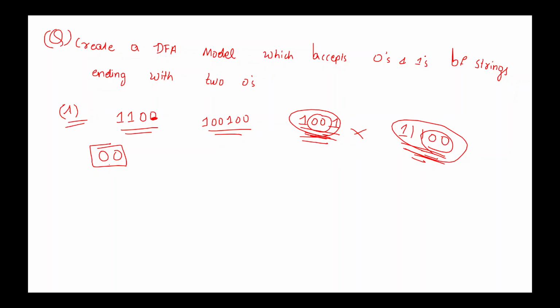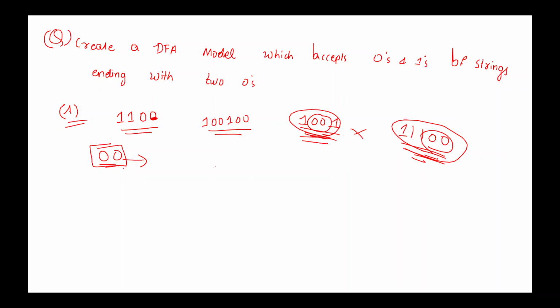Of course, because this is the base condition. We need a string which ends with two zeros. So take the lowest condition possible, and that is this. With this base condition, we are going to develop a mathematical model, that is our DFA model. So let's try to build that.